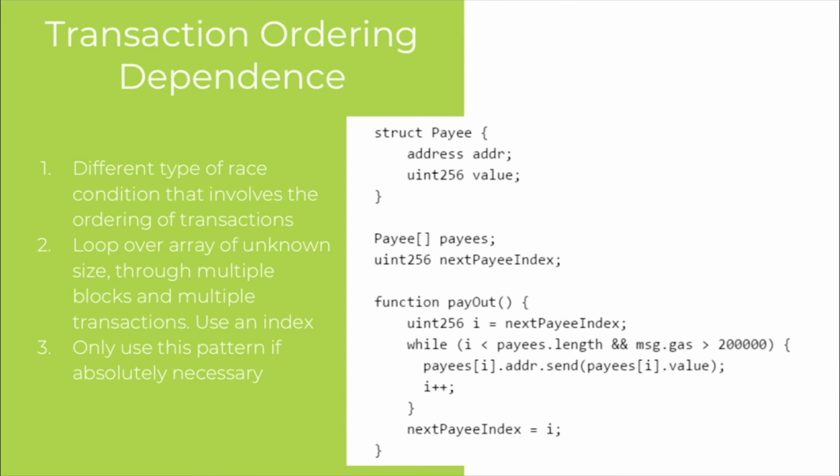You have to make sure that while other transactions are processed while you're waiting for the next iteration of this function, nothing bad happens. So only use this pattern if absolutely necessary.